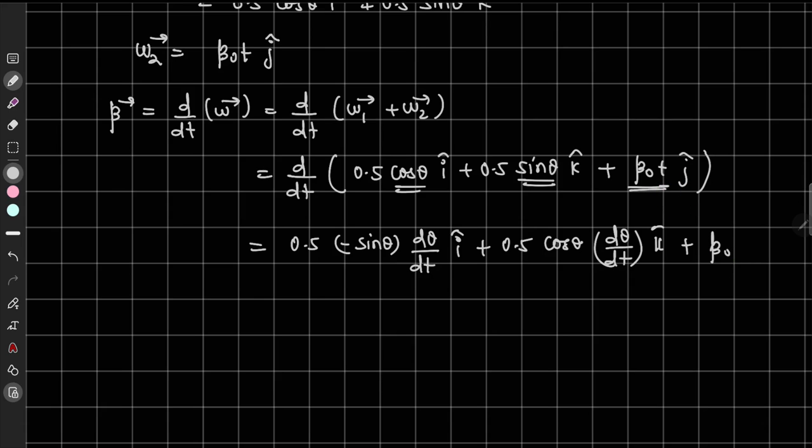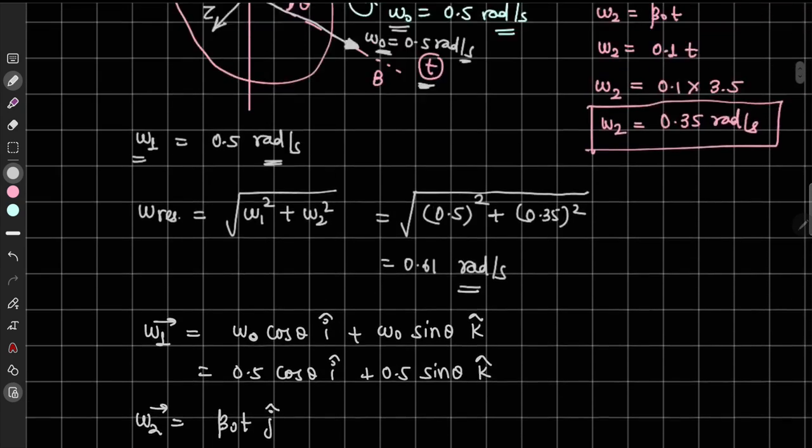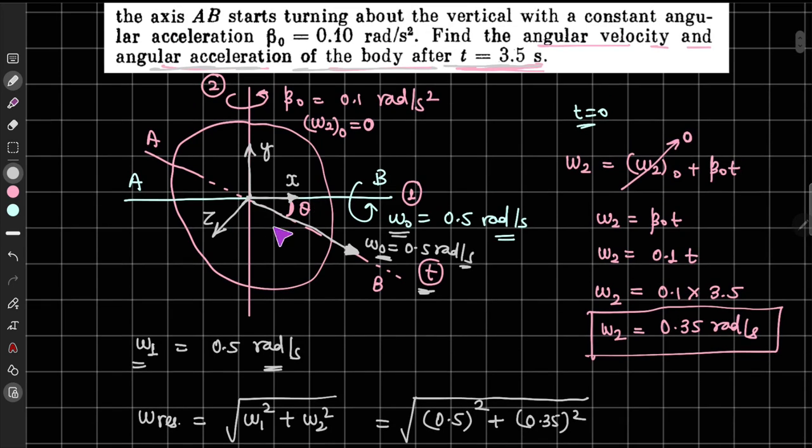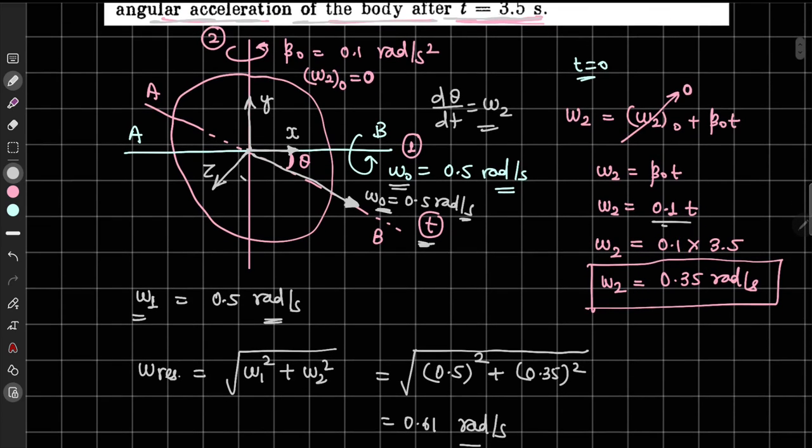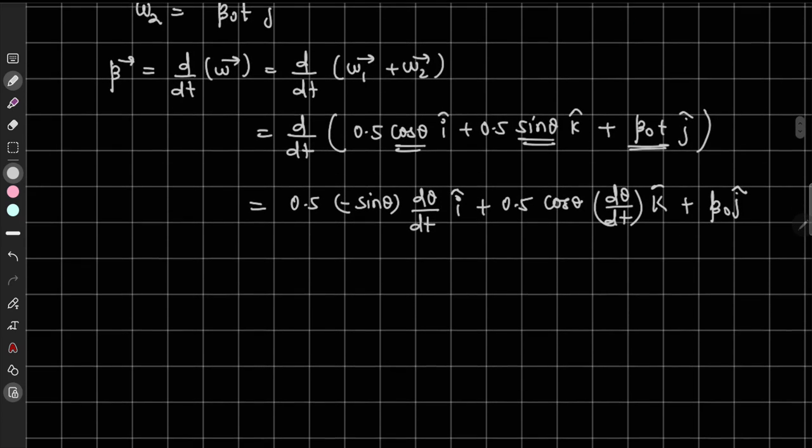So we will get beta naught into j cap. And if we see here, theta is rotating in the xz plane about the y-axis, so we can write d theta by dt is equal to omega 2, that is at the time instant of t, and omega 2 is 0.1 into t. So let us substitute it here.